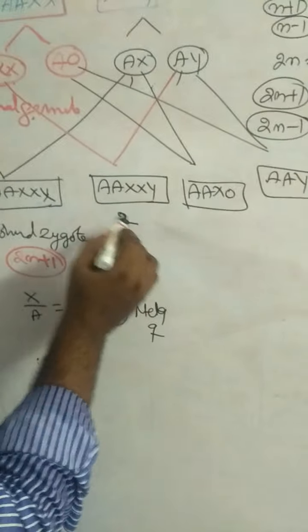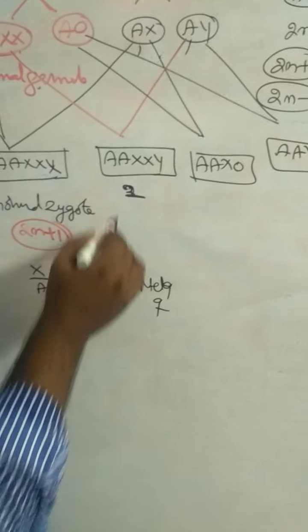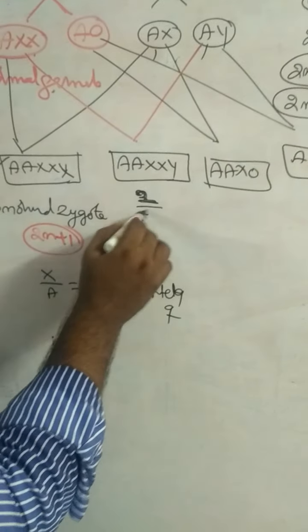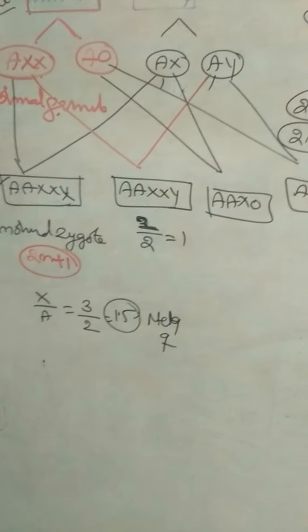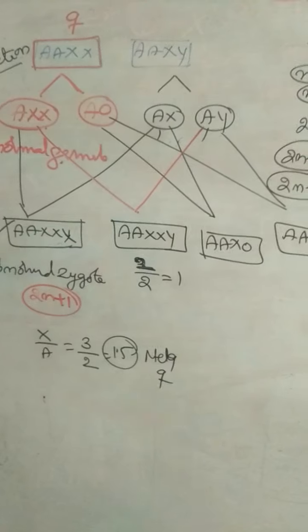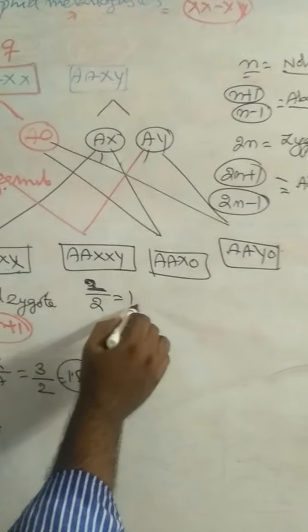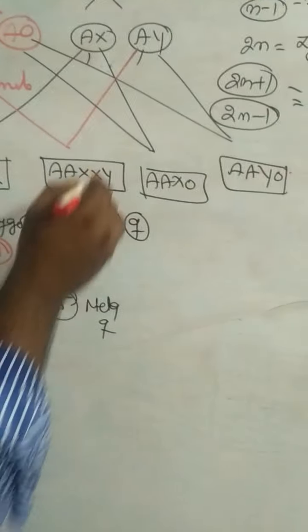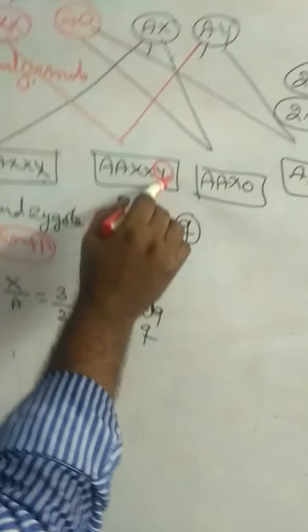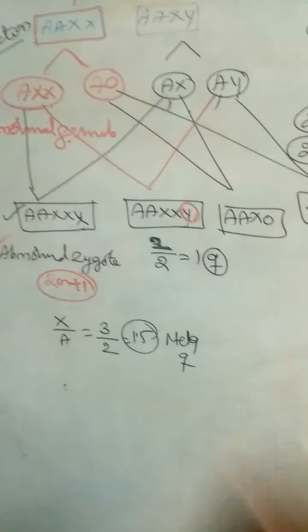What about this? This is 2 autosomes, 2 X chromosomes by 2 autosomes, 2 by 2, equal to 1. The X by A ratio is equal to 1. So this is a female. In this combination, the Y chromosome is present. In the general method, if the Y is present, that is male.